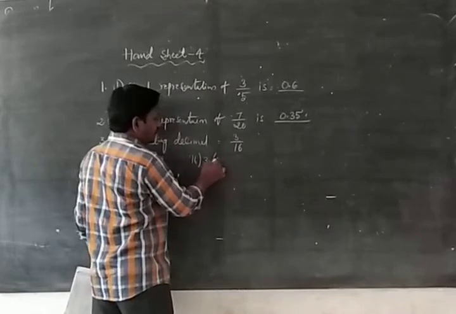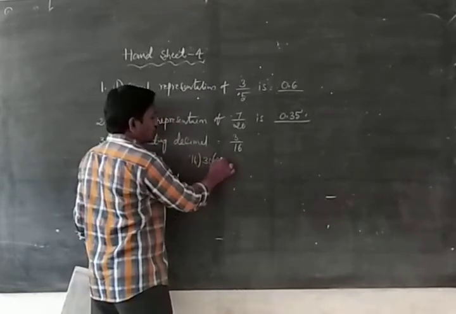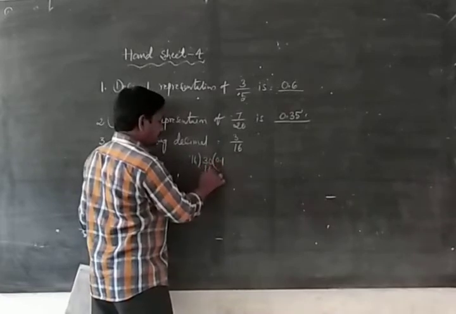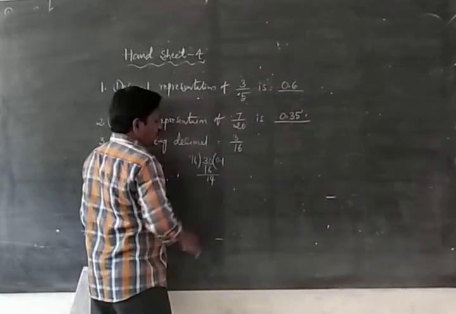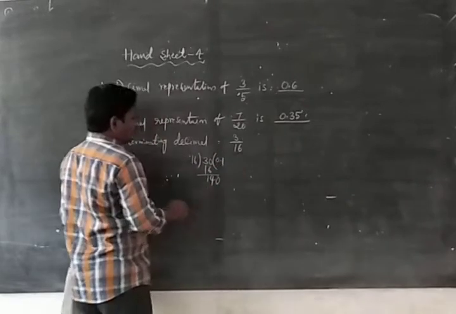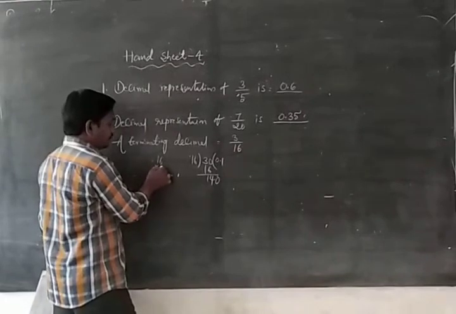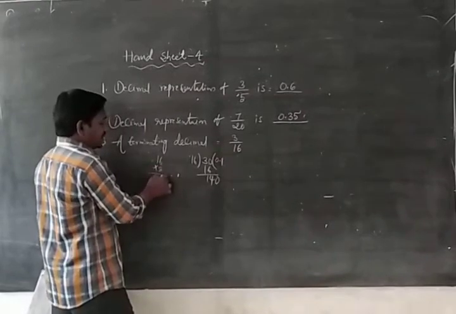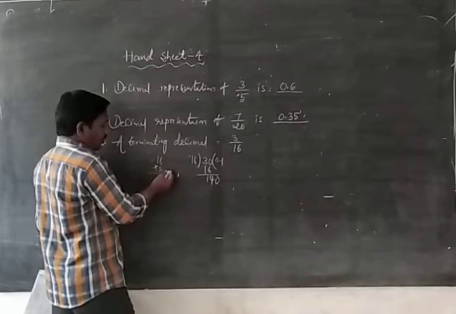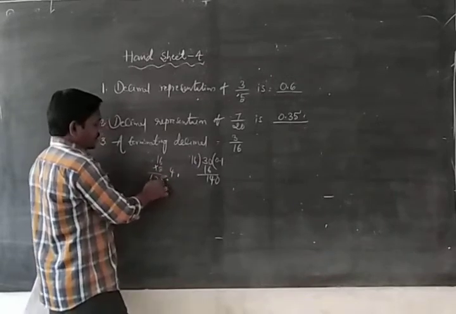Write a point in the quotient and write 0. 1 time, this is 40. Write 0. 8 times: 6 8s are 48, 128.